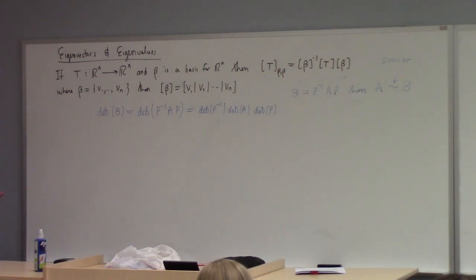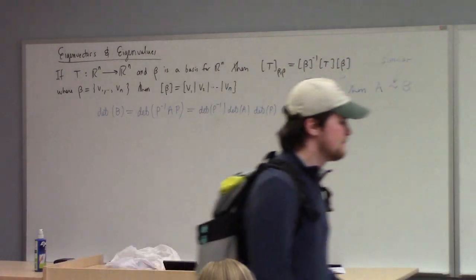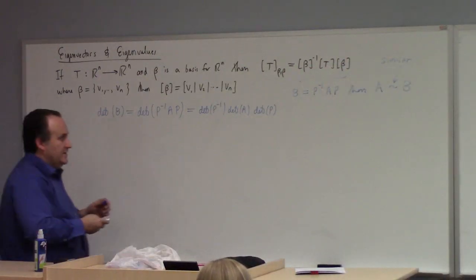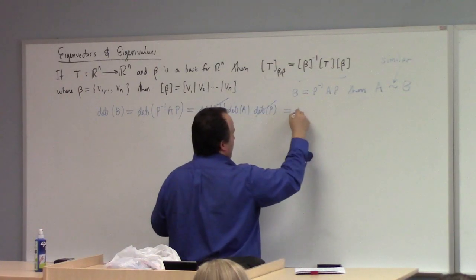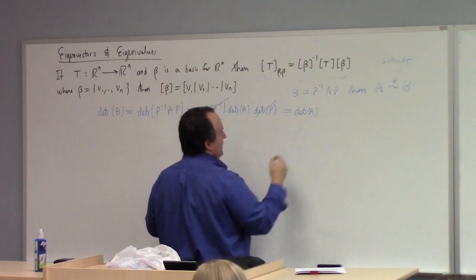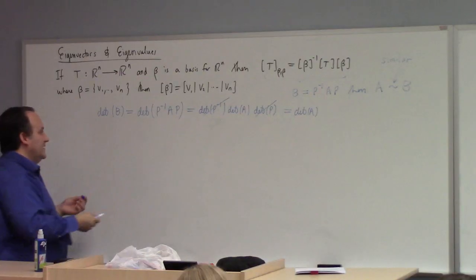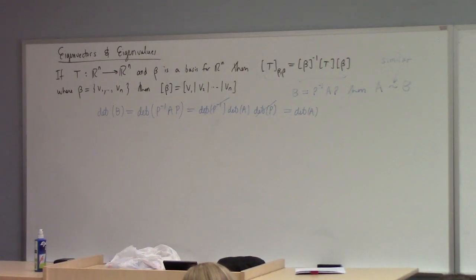This is just the determinant of the product is the product of the determinants, but notice that these two cancel, and we just get the determinant of A. So the determinants of two similar matrices are equal.